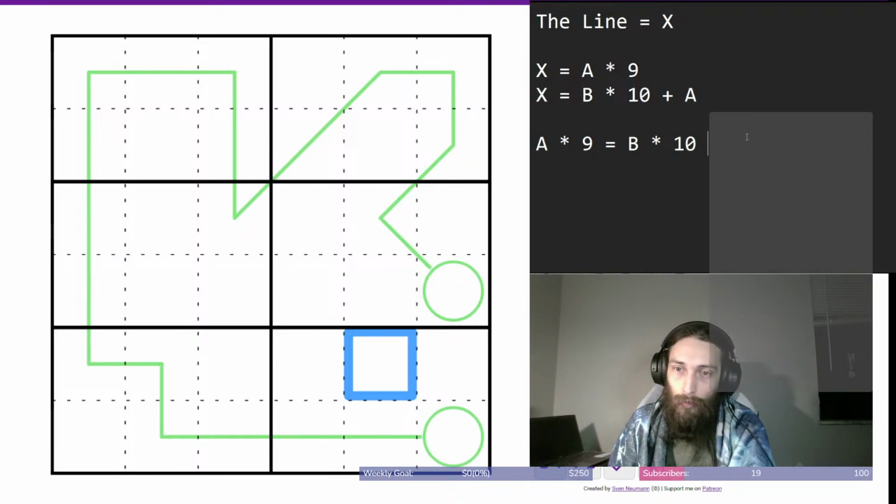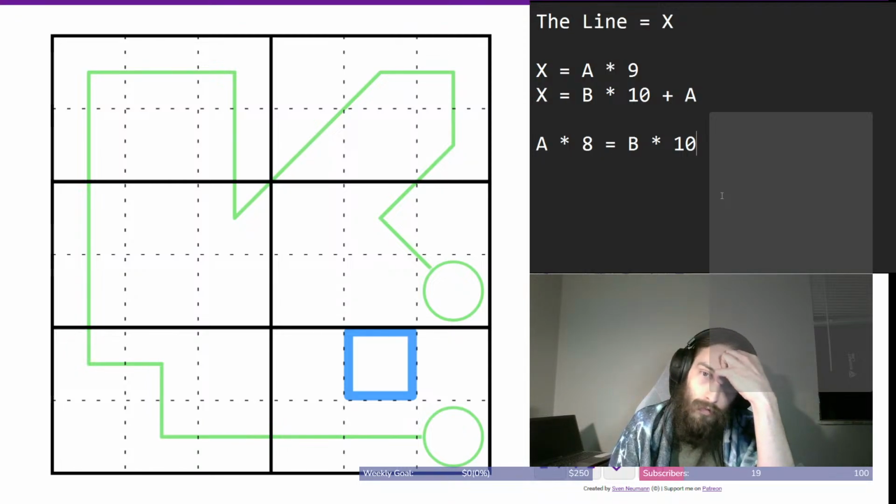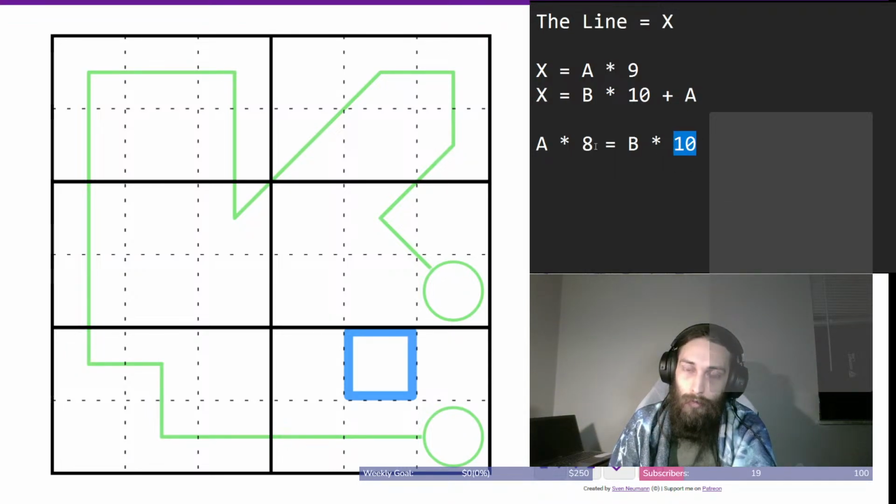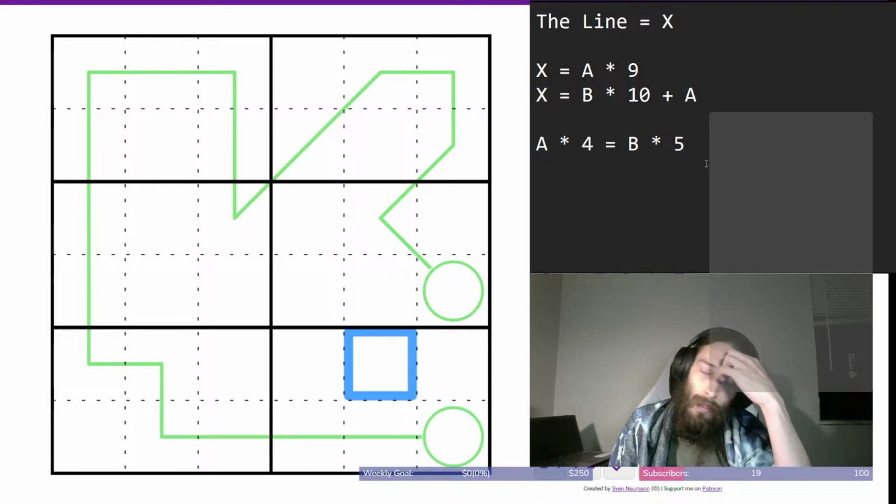And if I subtract a from both sides and divide by 2, a times 4 is equal to b times 5.